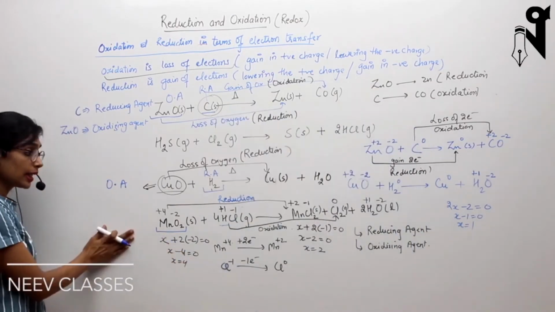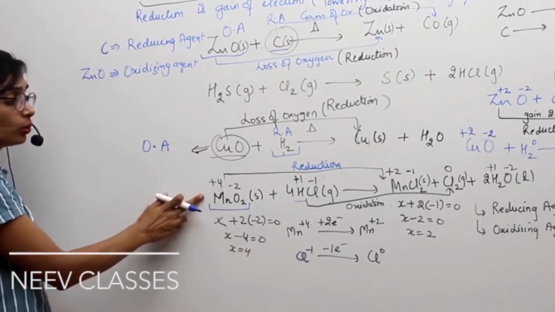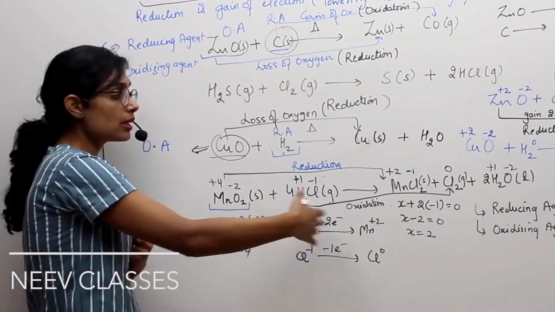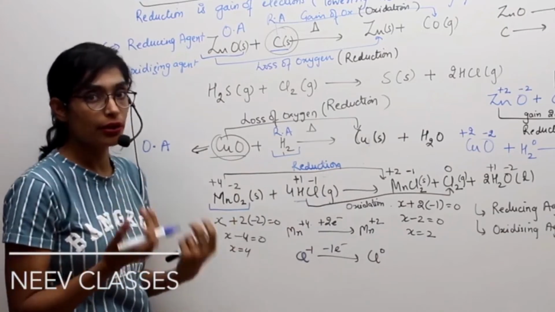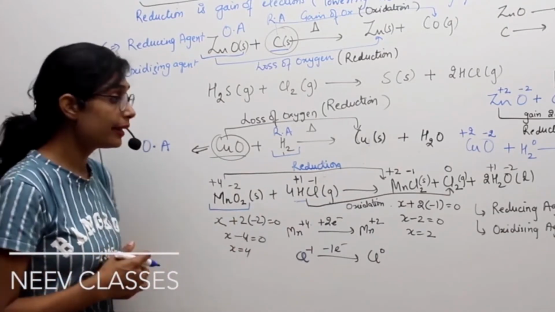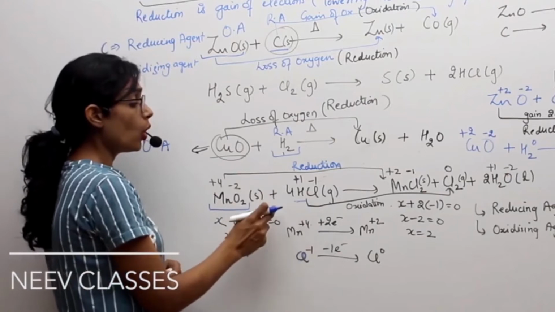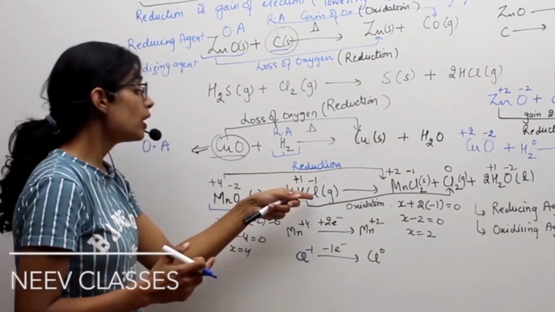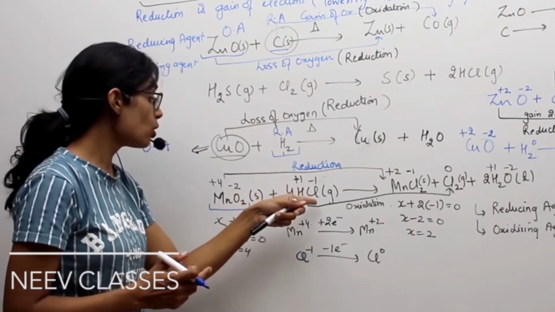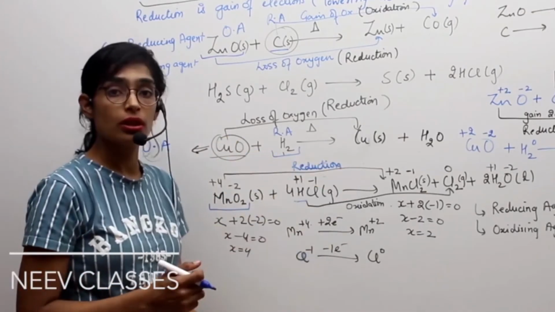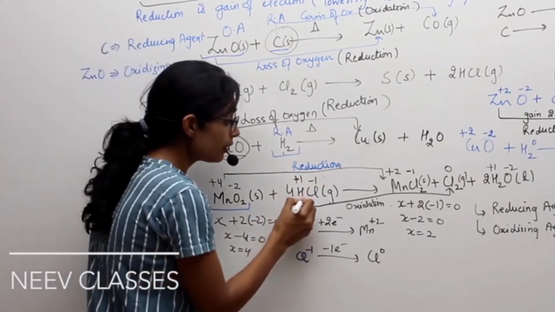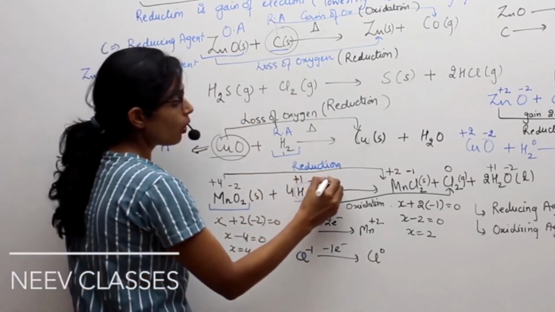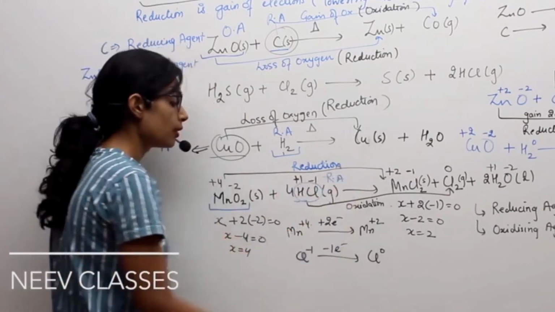Now look at the third case. In the case of MnO2, Mn has gained 2 electrons from the other substance so that it can get reduced. And it could gain because chlorine was giving away the electrons. So chlorine had given the necessary electrons to Mn to get reduced. Which chlorine? The chlorine present in HCl, and hence HCl will be called the reducing agent.